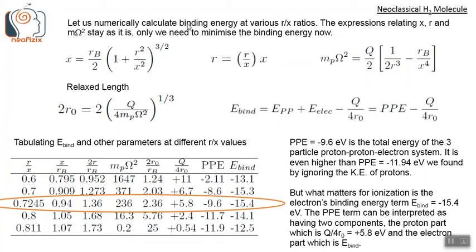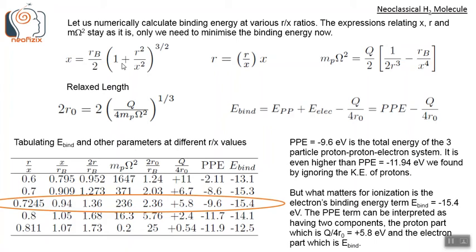Now let us numerically calculate the binding energy at various r by x ratios. The expressions relating x, r and m omega square stay as they are, as we saw in the previous slide. Only we need to minimize the binding energy term now.